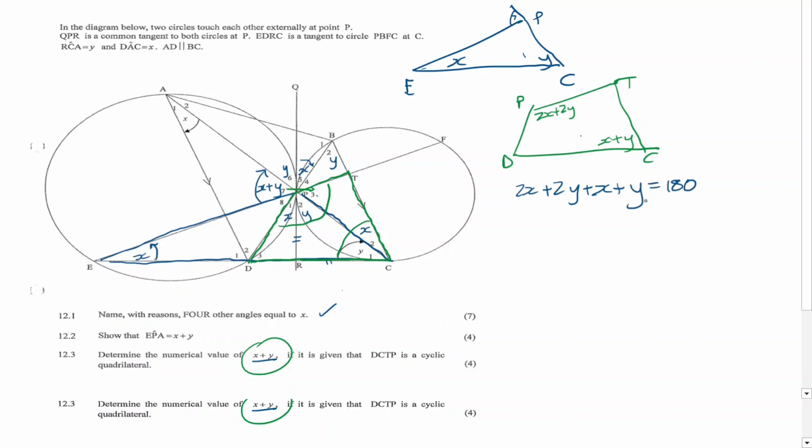So opposites add up to 180, so that would mean 3x plus 3y equals 180, sum of opposite angles in a cyclic quad. And so if you want to work out a value for x plus y, you just divide everything by 3, and suddenly you've got an actual value, even though when you looked at the question there were no numbers anywhere. And so that's how I would approach a really complicated question like this.